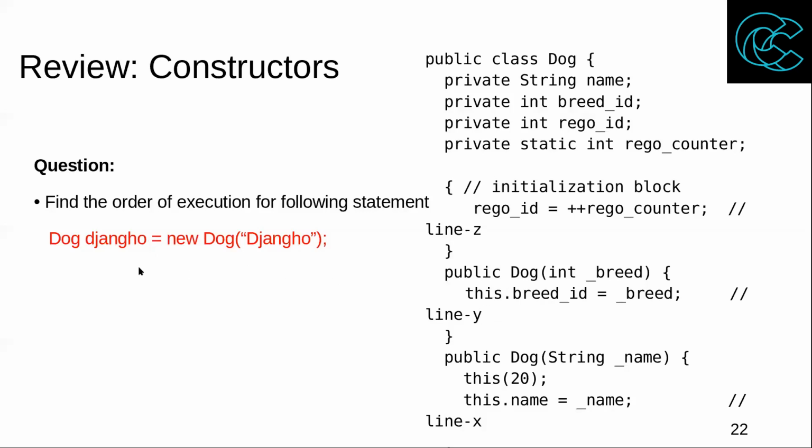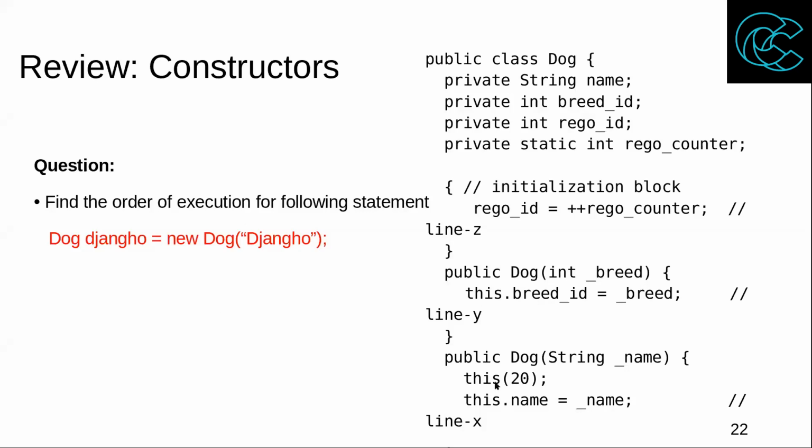And if you are creating one more instance, say dog, and the name of the dog is Tiger, so dog Tiger equals new dog of, in double quotes, Tiger. In that case, this refers to Tiger. So whatever instance on which the constructor is called, this refers to that particular instance, right? When you say this of 20, this is a shortcut to call the constructor, which is this one.